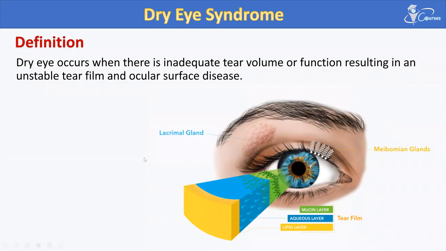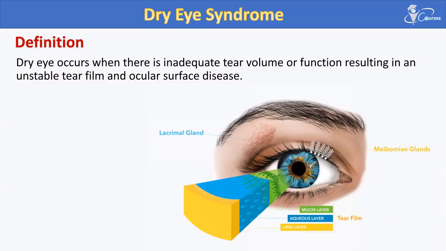So it is not only about the volume, it is also about the function of each layer and its source. If there is affection of the function or of the source, this will result in dry eye syndrome.